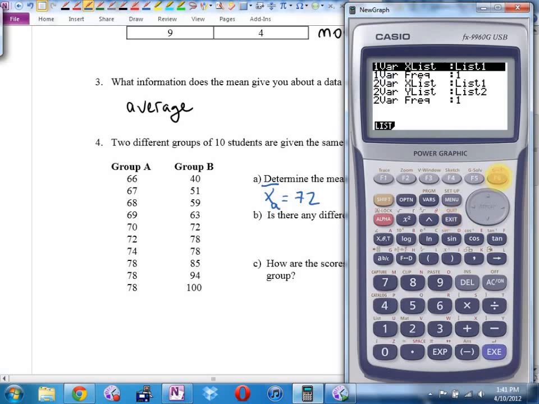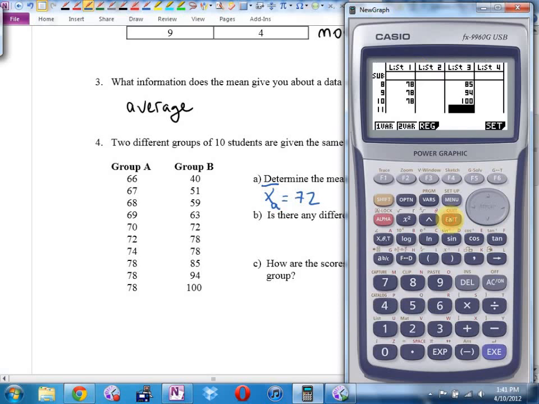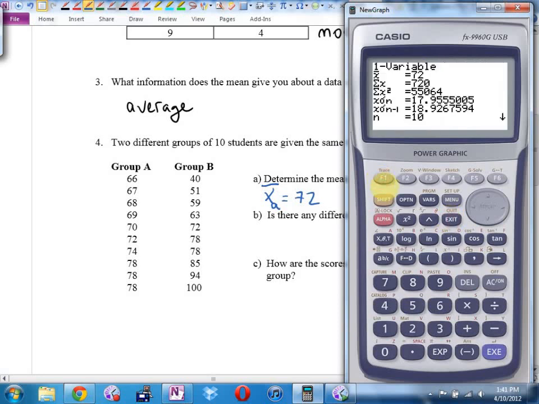Set again. This time I don't want to do list 1. I want to do list, where did I type it? 3. So F1, list number 3, enter. Is the frequency okay though? I want one of each. How do I get back one menu? Exit. 1 var. What's the mean of group B?